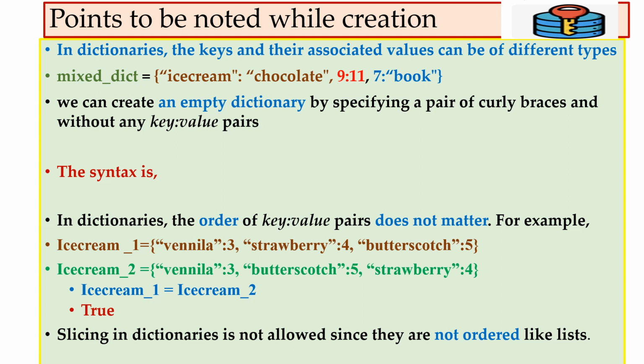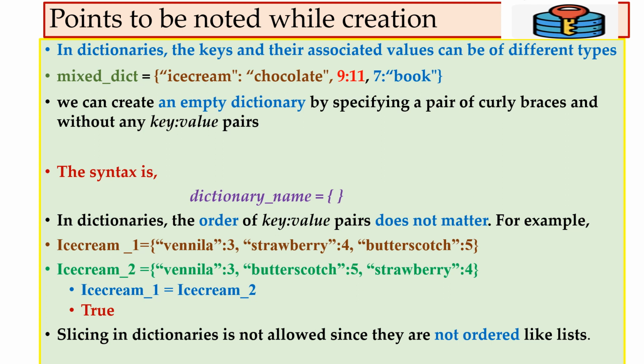The syntax for creating an empty dictionary is just to have curly braces without any key value pairs. And in dictionaries, the order of key value pairs doesn't matter. For example, we have defined the first dictionary, ice cream 1, with 3, 4, 5 as data, and in ice cream 2 we have 3, 5, 4.